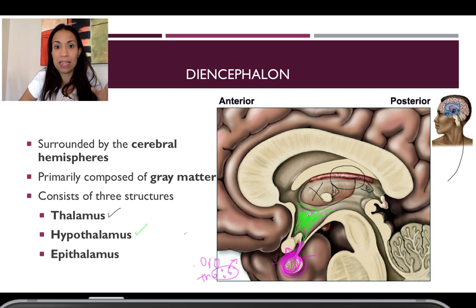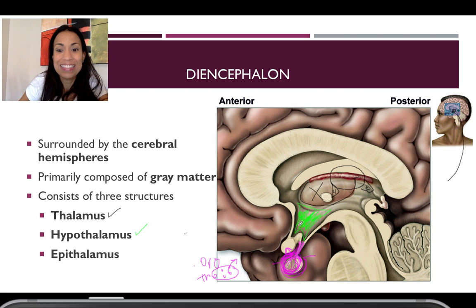So depending on the concentration of sodium and other nutrients in the blood, those concentrations are detected by specific receptors here in the hypothalamus, and the hypothalamus sends signals to either eat or drink water or not, depending on the concentrations of water and nutrients in the blood.